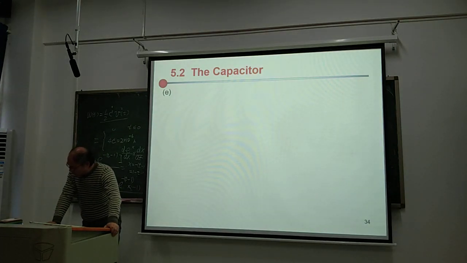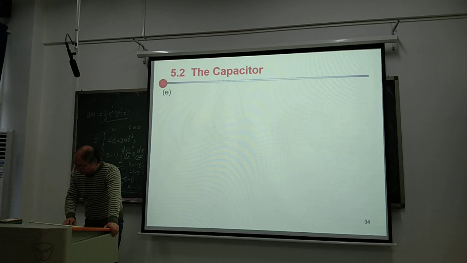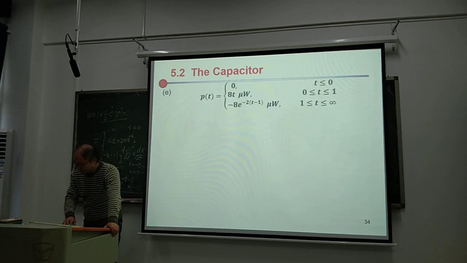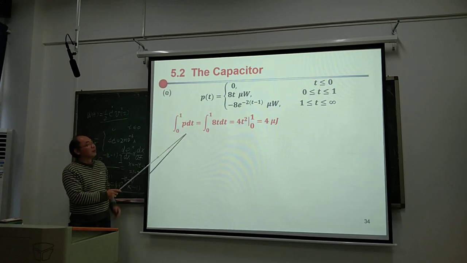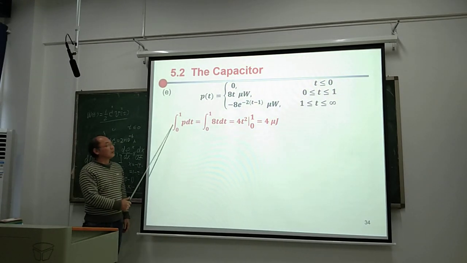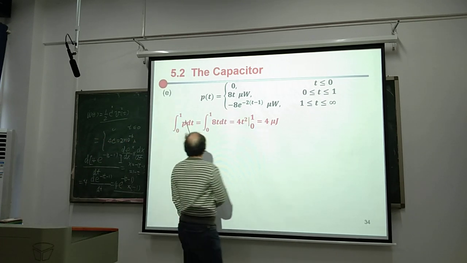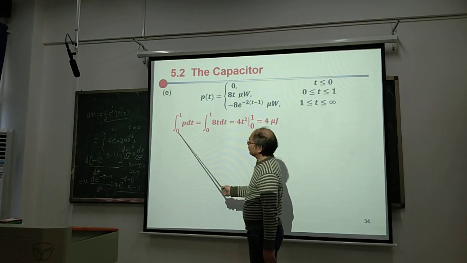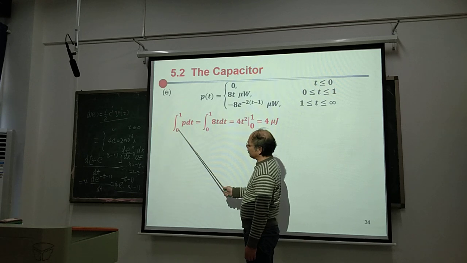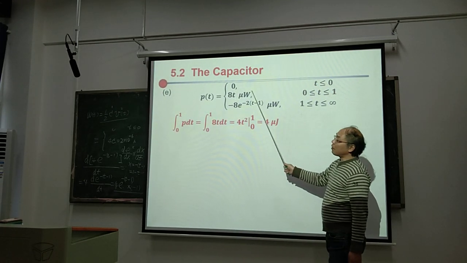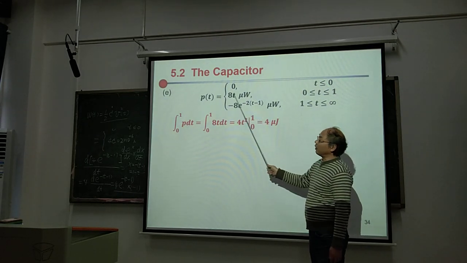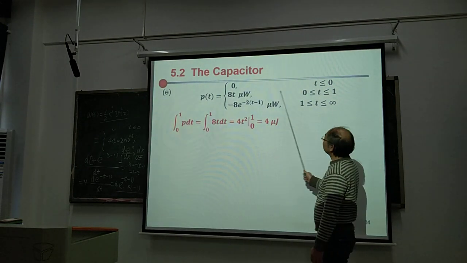And the next, E, we need to evaluate the integrals. Because the time t is in the interval 0 to 1, the power p is 8 times t, right?